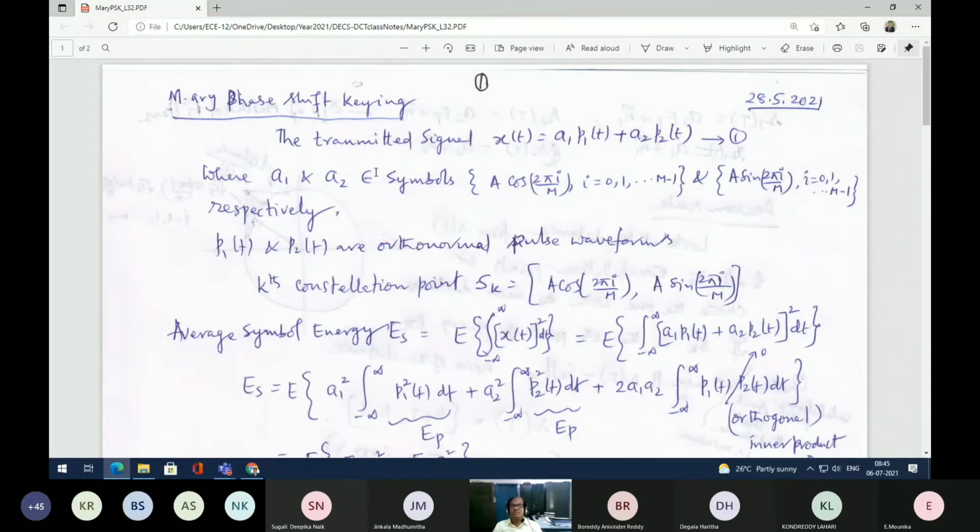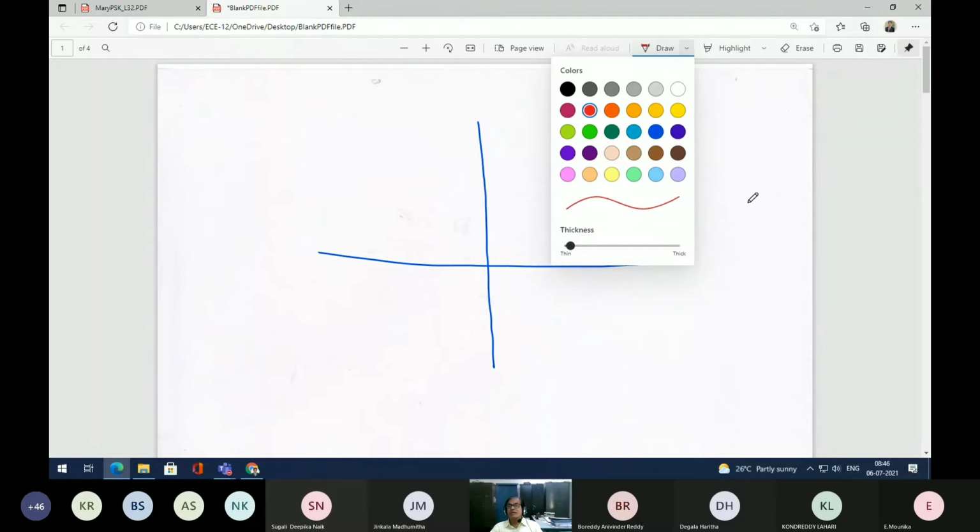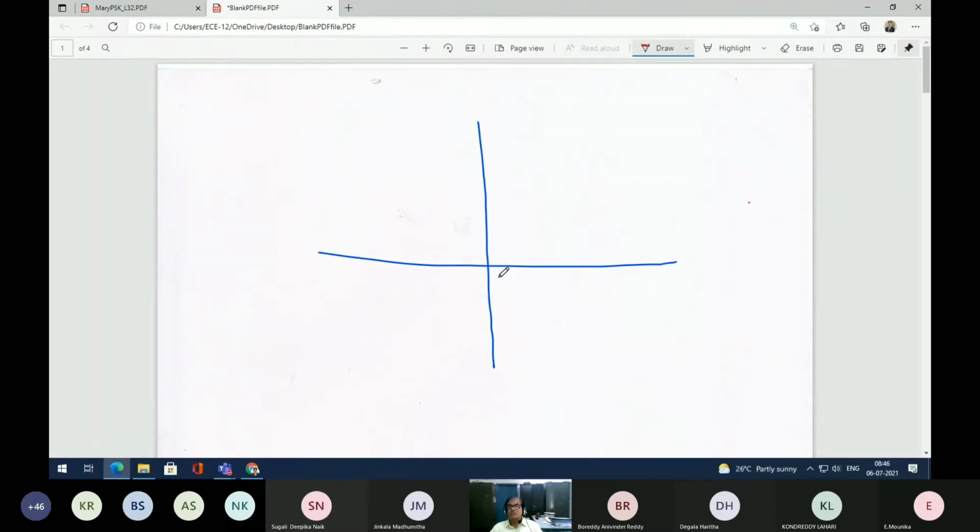And please see the constellation diagram in M-ary PSK. For example, this is your signal space, and of course this is 0. This is pertaining to p1(t), you can have p1(t) here, and this is p2(t).